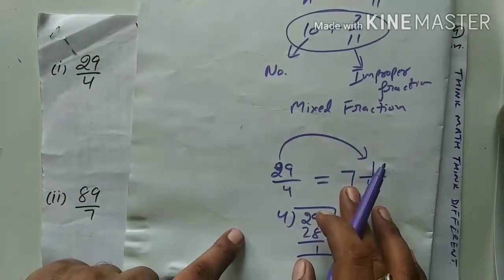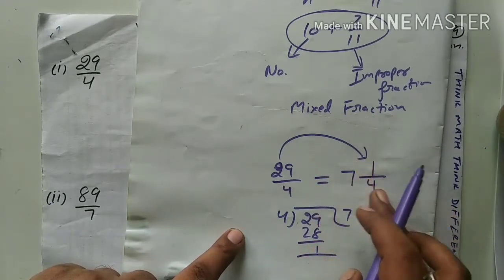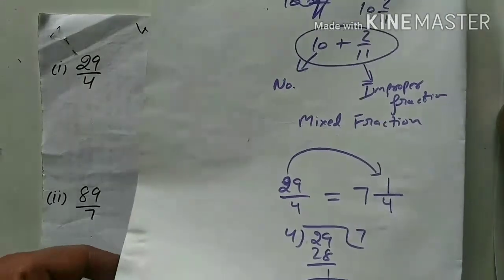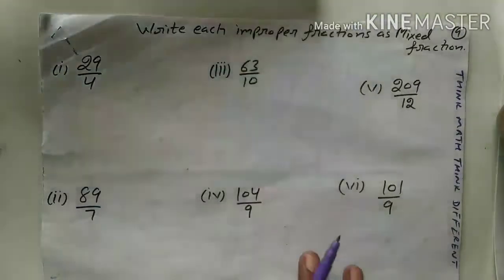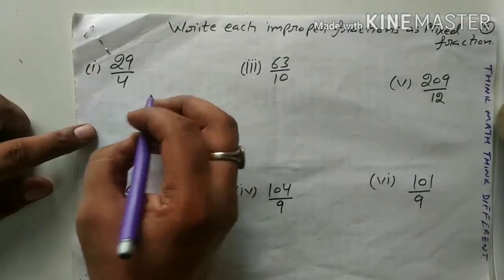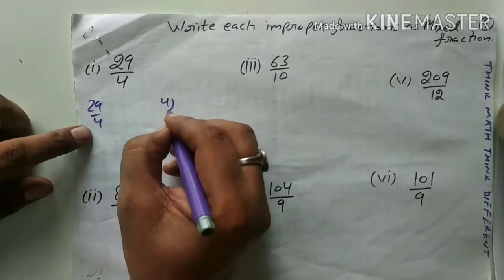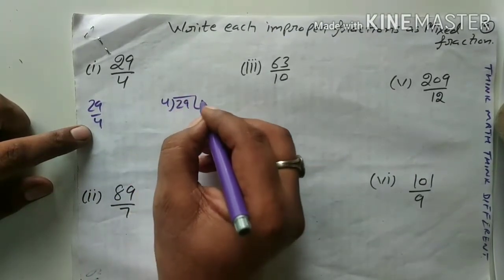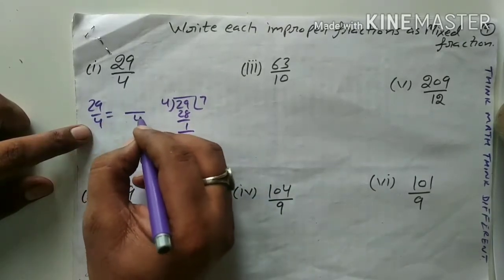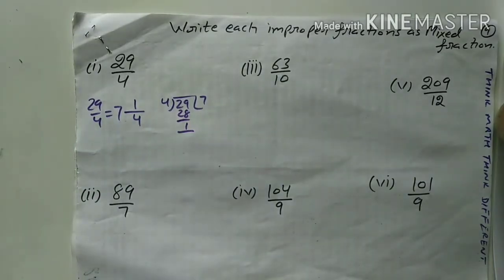Here 7 is a complete number and 1 by 4 is the fraction. So student, let us write this answer on the first part: 29 over 4. I will write 4, 1 and 7. So this is the answer, student.